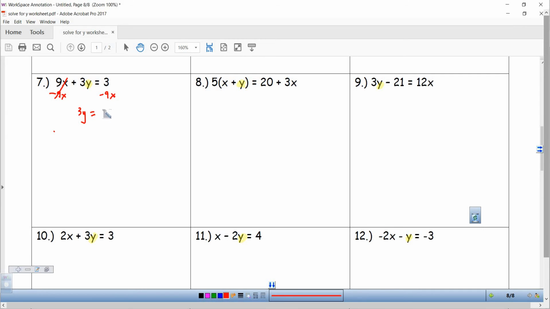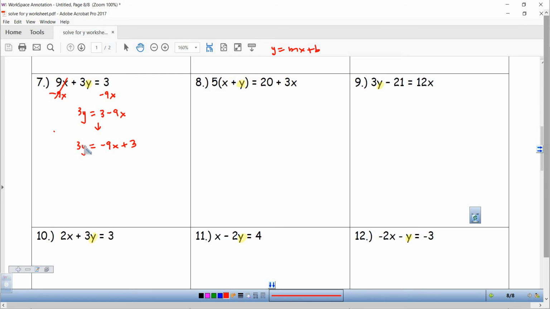If I wrote it exactly how it is, I would write 3 minus 9x. But remember, our goal is to get it into slope-intercept form, y equals mx plus b. So I'm going to write negative 9x plus 3. Notice the 3 is positive, and the minus 9x is going to give me a negative 9x at the beginning.